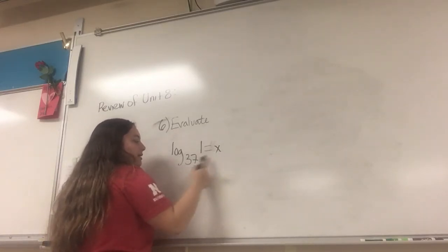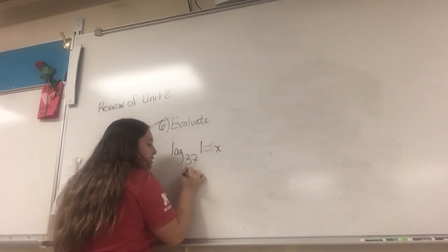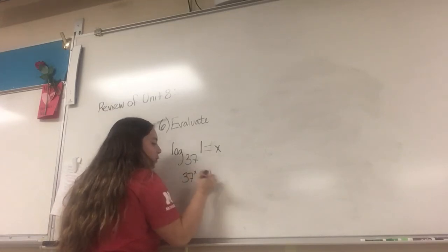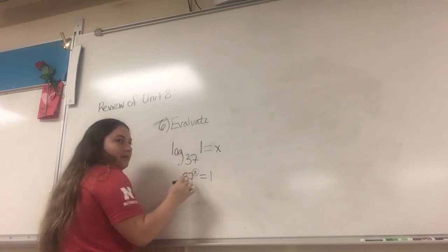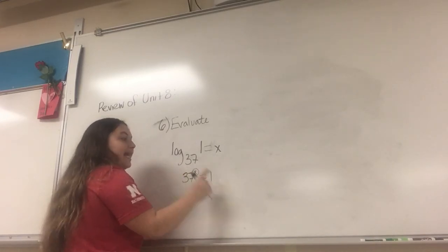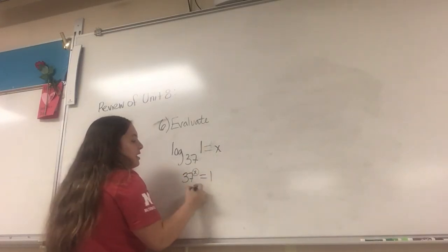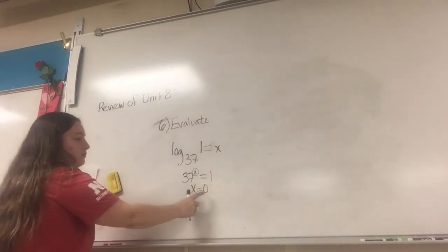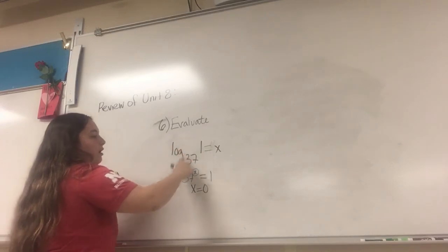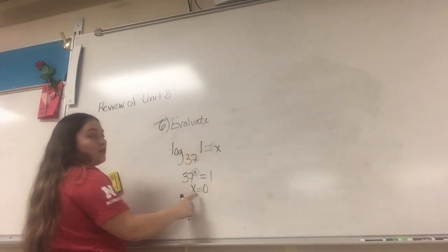We're gonna manipulate this to exponential, saying 37 to the x equals 1. There is only one exponent that works to make anything equal 1, and that is x being 0. So just as a quick reminder, okay, if you have any log of 1, your answer is 0.